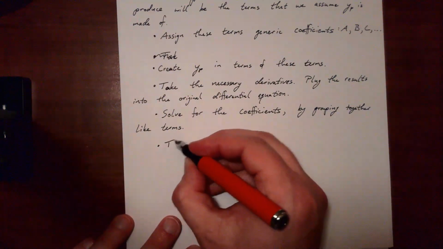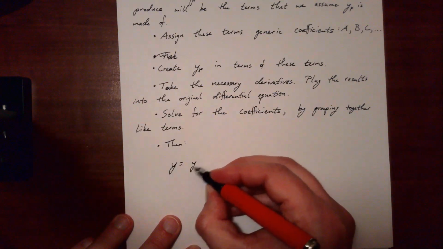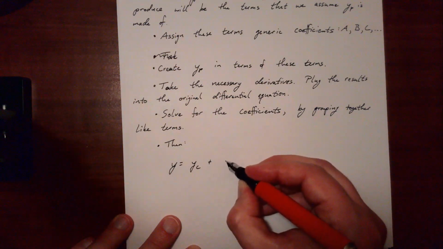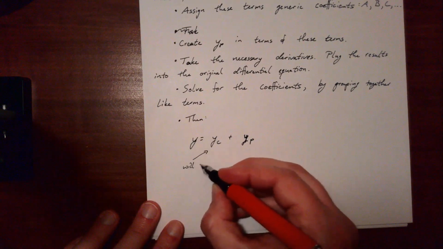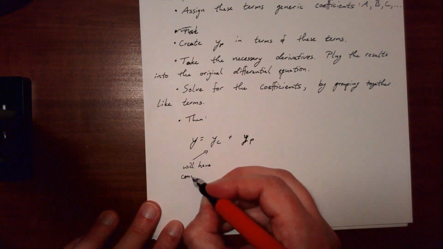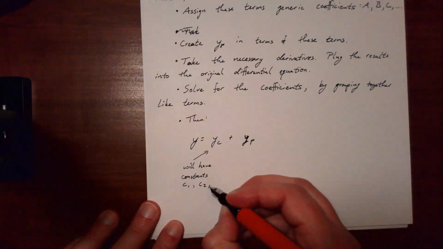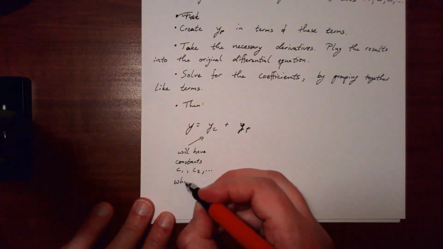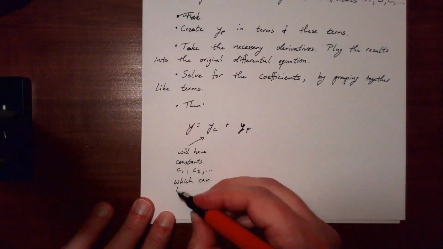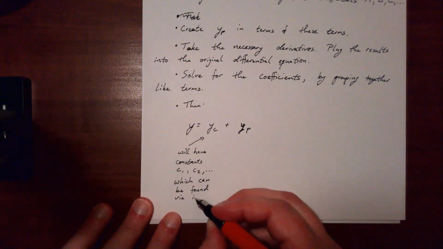So then y equals yc plus yp, and this will have constants C1, C2, etc., which can be found via initial conditions.